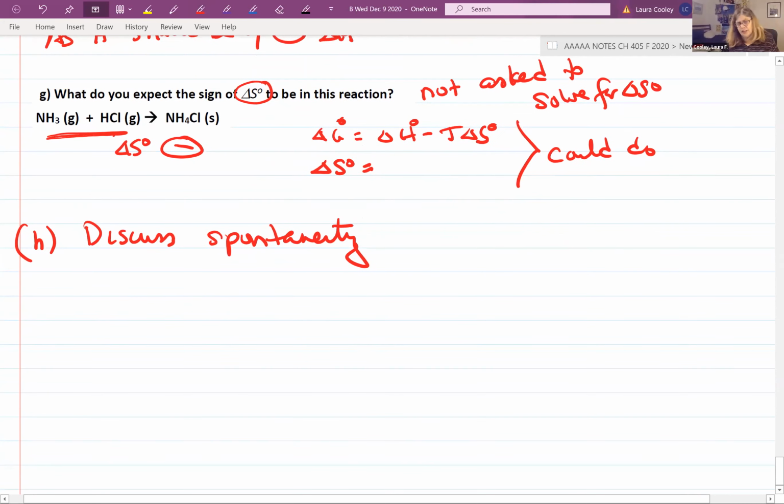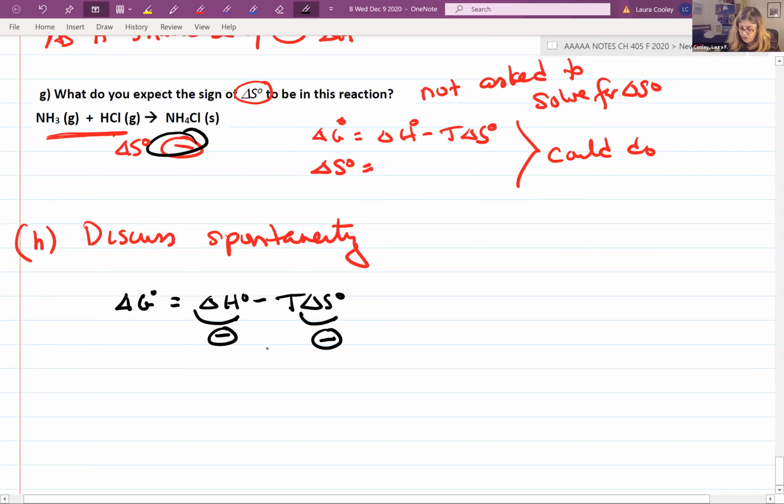What I would do there is look at the signs of these things. The delta H is negative. The delta S is negative, as we've just figured out, so this term is positive.